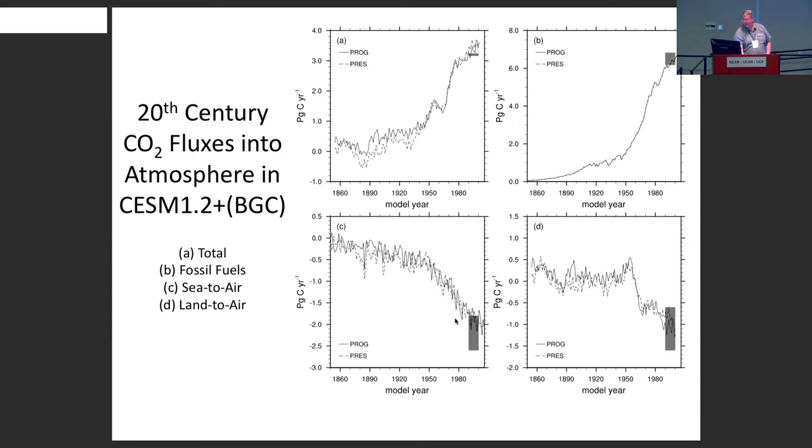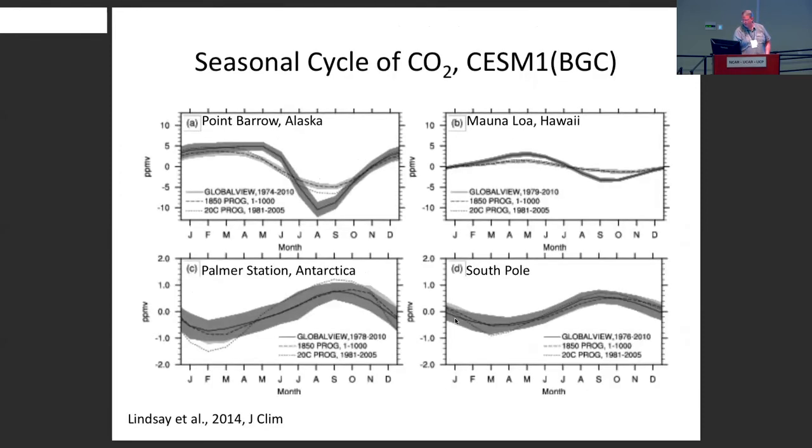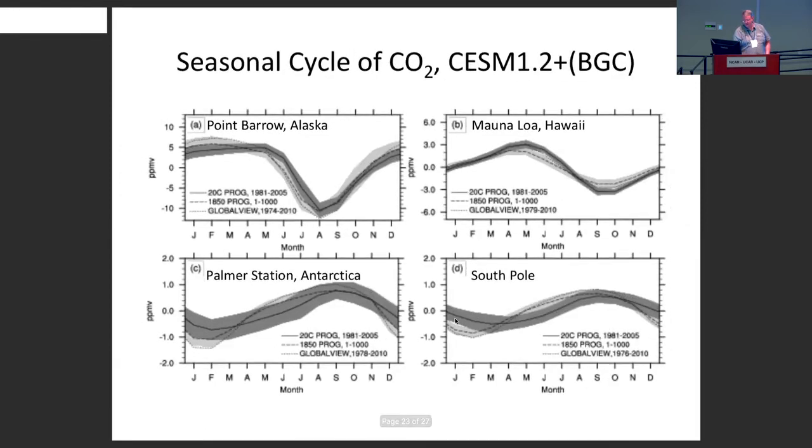And the gray bars are observational constraints, and CESM is doing a reasonable job of reconstructing the global carbon cycle fluxes. We do a reasonable job of capturing the seasonal cycle of atmospheric CO2 at various locations around the world. In the top left, we have the seasonal cycle of atmospheric CO2 at Point Barrow that the model is capturing reasonably well, as at Mauna Loa and Antarctica at the South Pole.